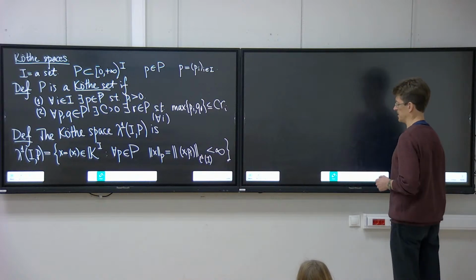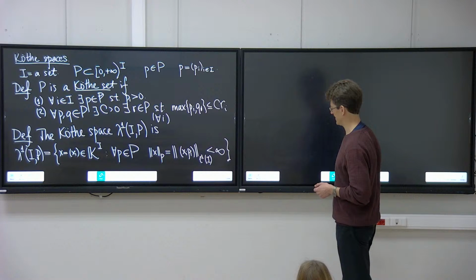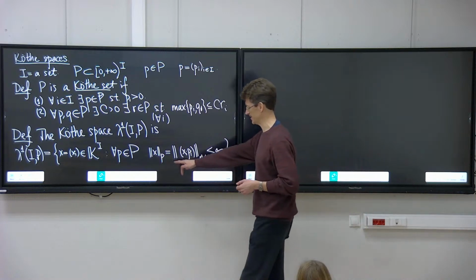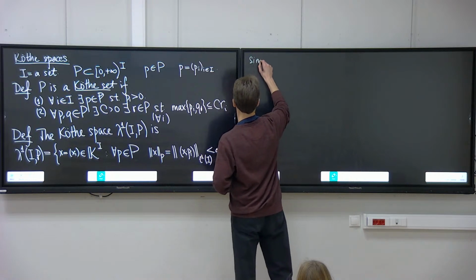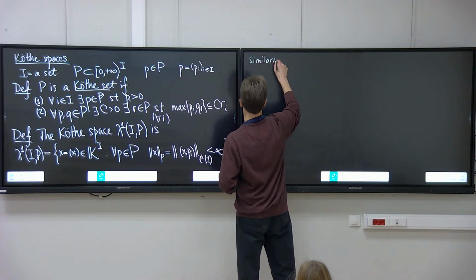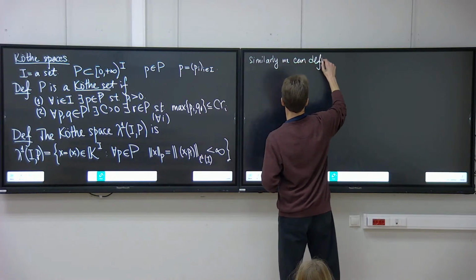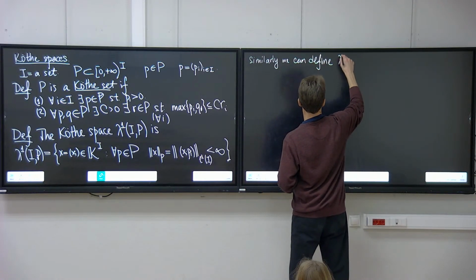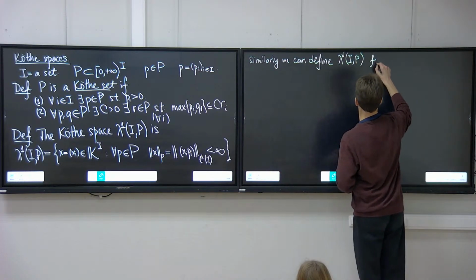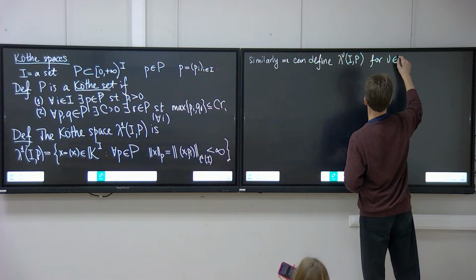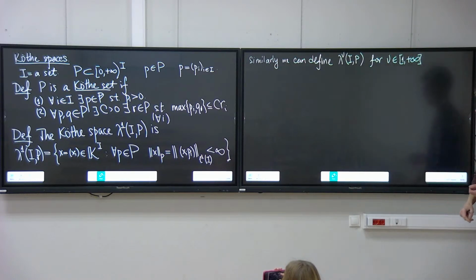And similarly, if we replace here L1 by L, well, not L p because p is already in use, let's denote it by nu. So similarly, we can define lambda nu of I, P for every nu between 1 and infinity, including infinity.